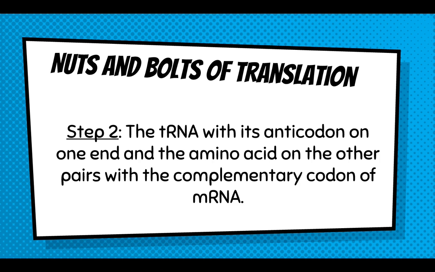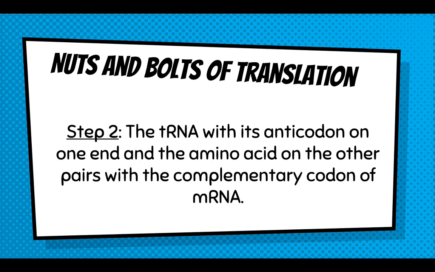And that specific tRNA that has UAC on the bottom, on the anticodon, carries an amino acid on the other end. That amino acid is methionine. And so that methionine is how the transfer RNA is going to start to build its protein sequence.